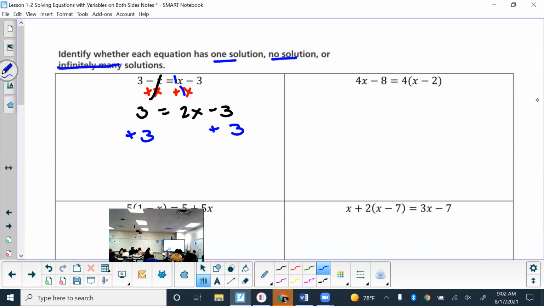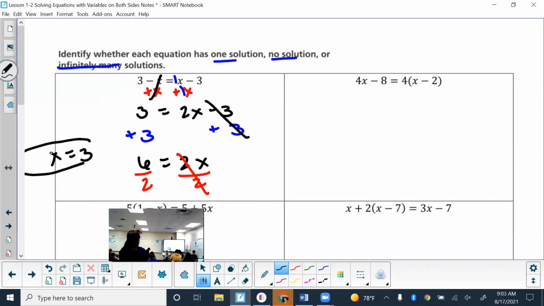3 plus 3 is 6. On the right side, it's equal to 2x. -3 plus 3 cancels, so it's just 2x. One more thing we have to do, which is to do that on each side. What is 6 divided by 2? So x equals 3 for my final answer.